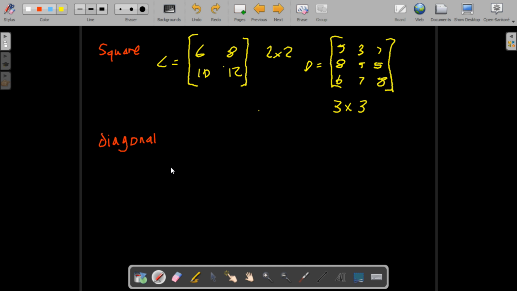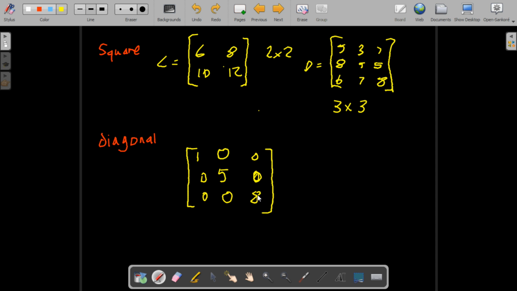Now, a diagonal matrix is a matrix with numbers along the diagonal. So it could be 1, 5, 8, and the rest of the numbers are all zeros. So that's an example of a diagonal matrix.